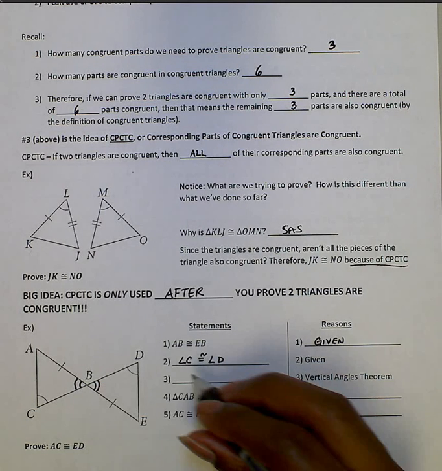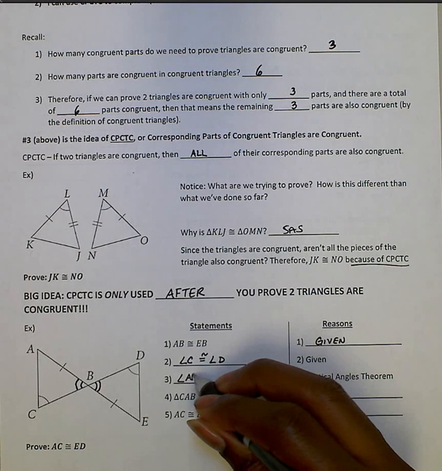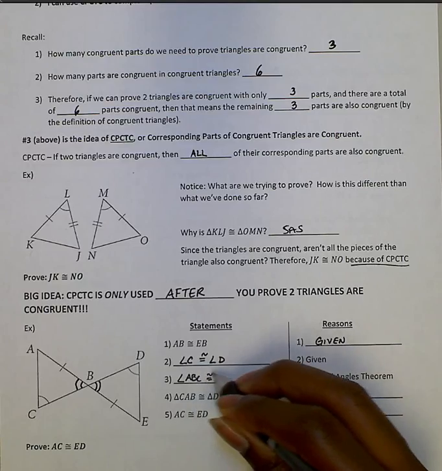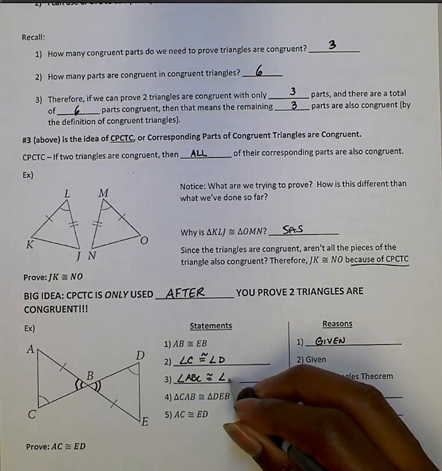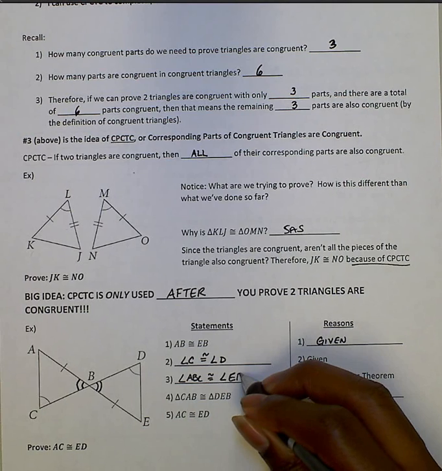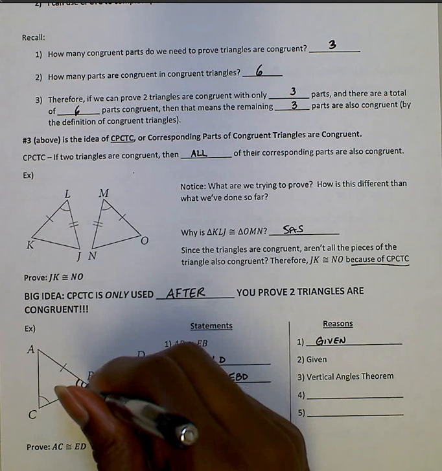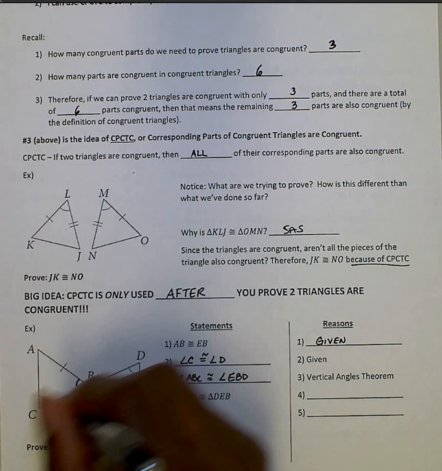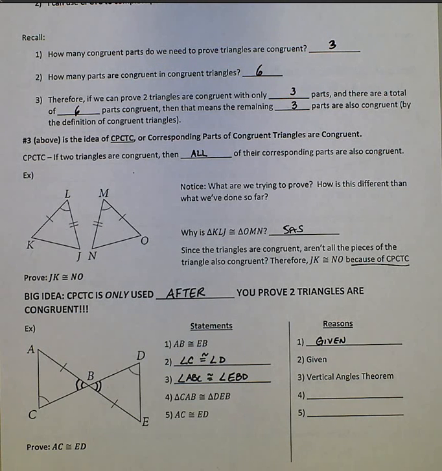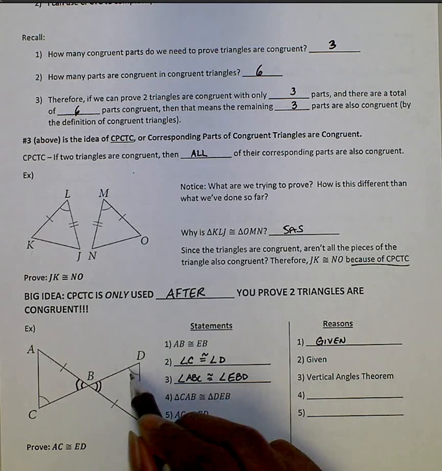So I have angle ABC is congruent to angle EBD. Remember that when we name those, we name them how we draw them without picking up our pencil, A to B to C. Okay, and then now with my markings, I can say that these 2 triangles are congruent to each other.